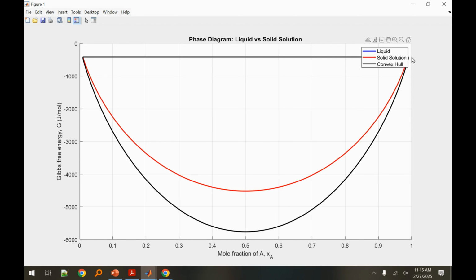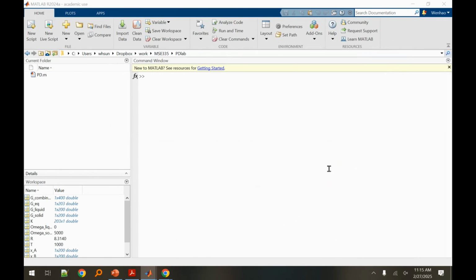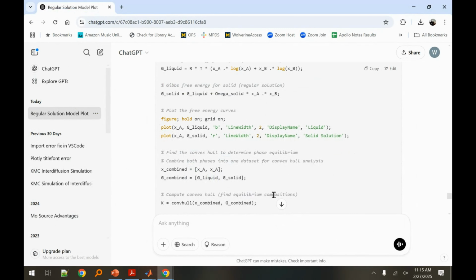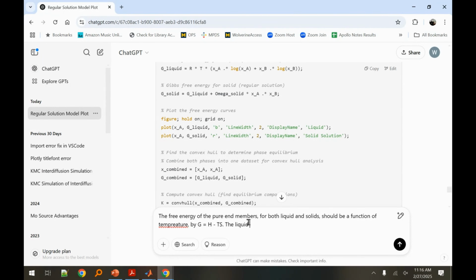The free energy of the pure end members for both liquid and solid should be a function of temperature by G equals H minus TS. The liquid should start with higher enthalpies, but also has a higher entropy relative to the solid.